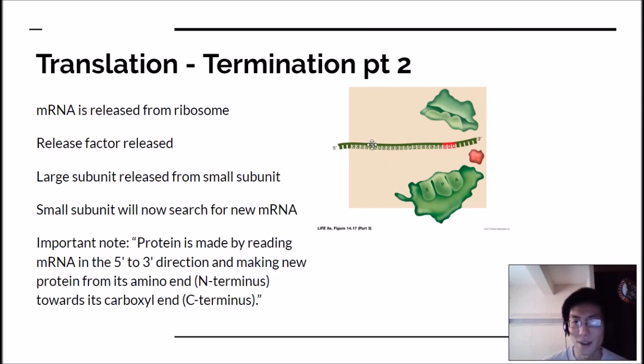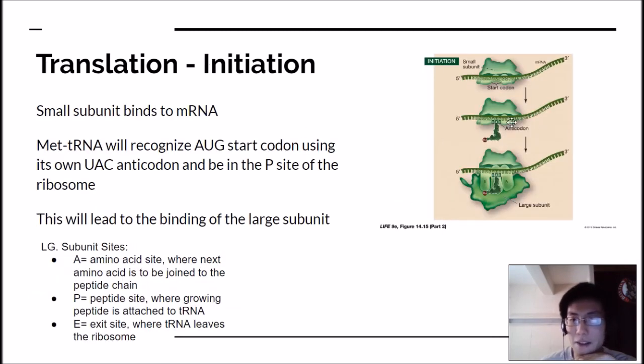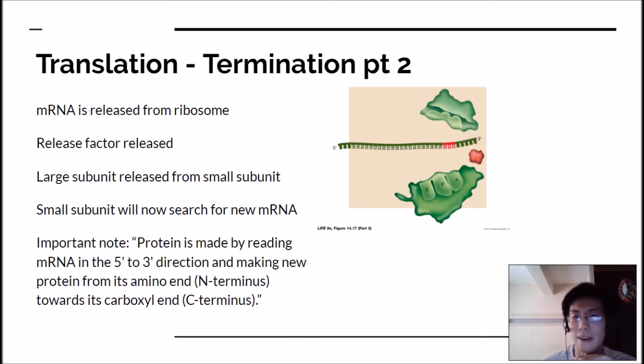But in this instance, you're reading from this end to that end, so you're going right, and the 5' to 3' end corresponds to that. So if you look back at initiation, you have the 5' here and the 3' here, and the reading is actually going in that direction. So it's a little bit different than transcription as well as DNA synthesis.